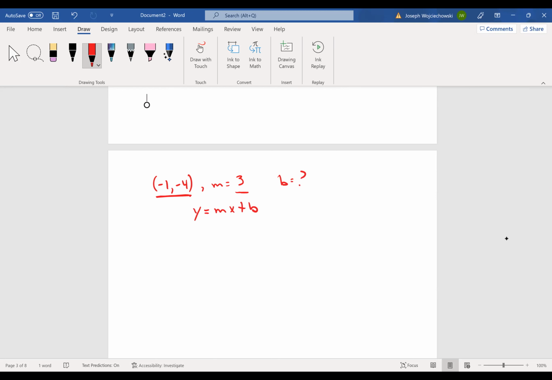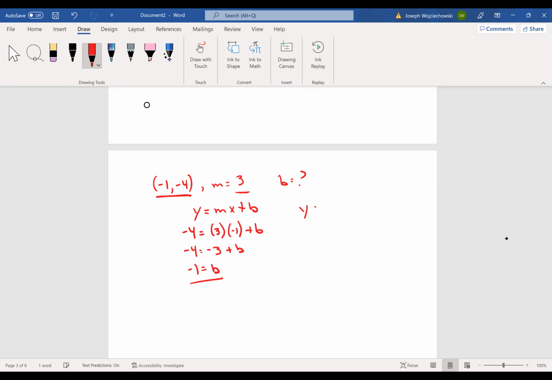So I could plug these values in, y equals -4, m equals 3, x equals -1, plus b. And I have -4 equals -3 plus b. Add 3 to both sides, and I get -1 equals b. So now I know b, and I know my slope.